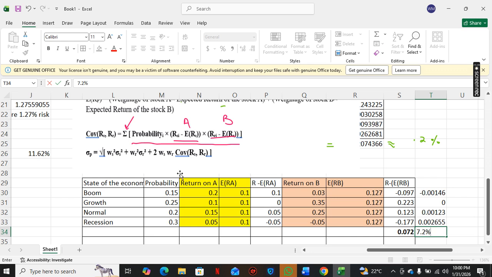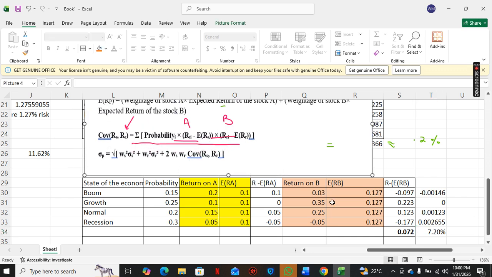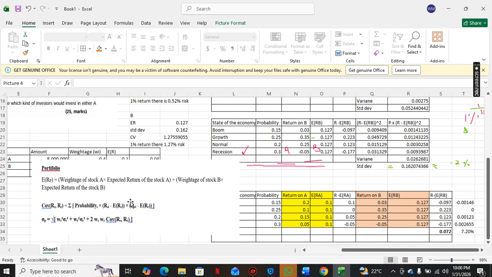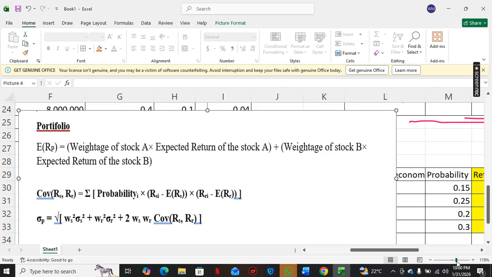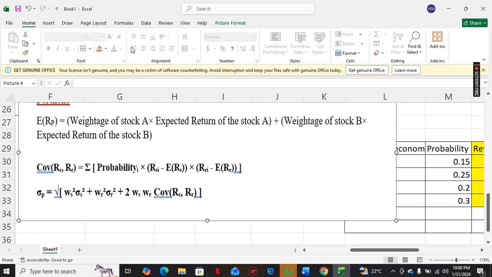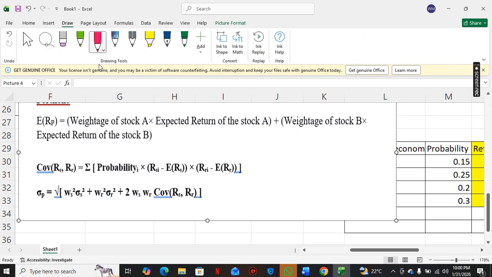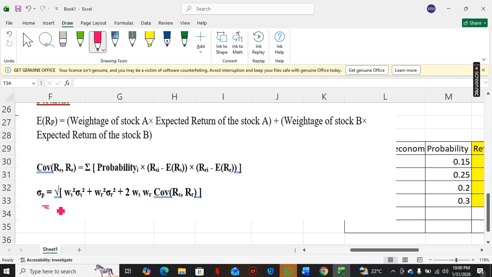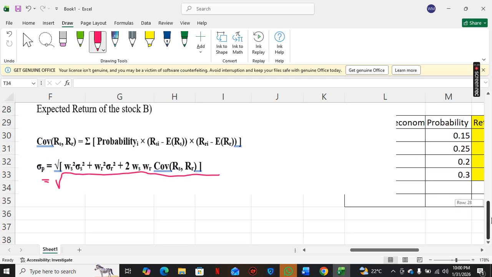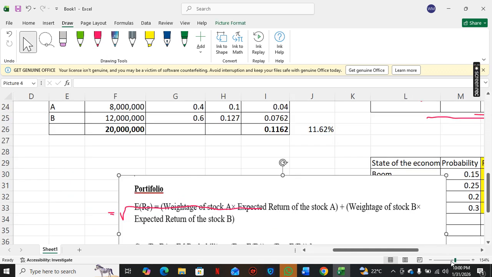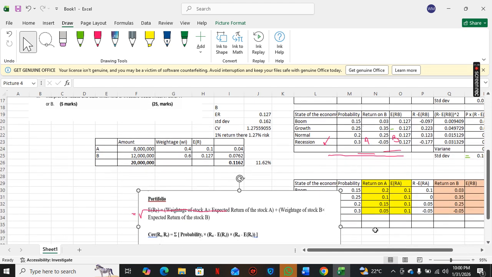Now we can calculate the risk. Weightage squared for investment A. Remember, investment A, the weightage was 0.4, when we're calculating the expected return for investment A, because I have to show you where all these numbers are coming from. So I'll put the formula here.